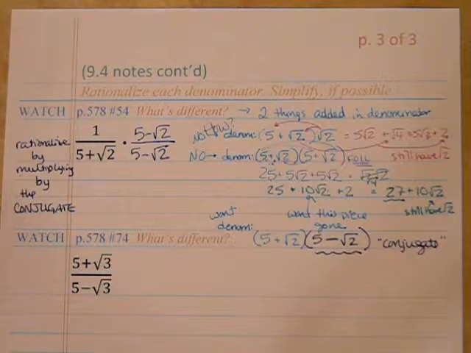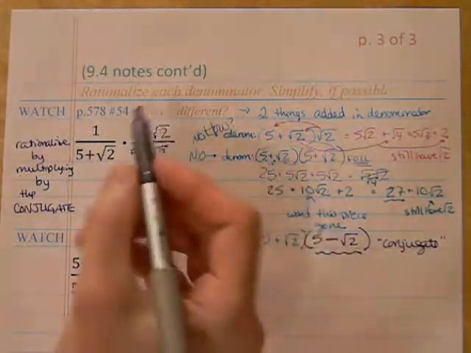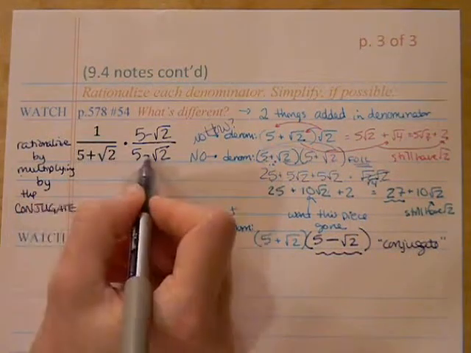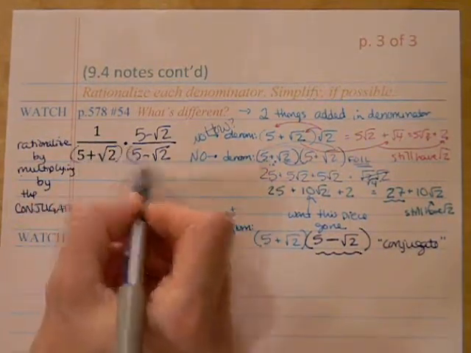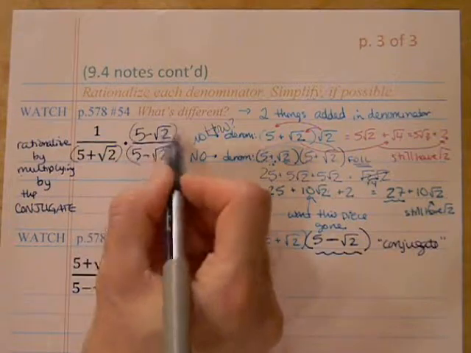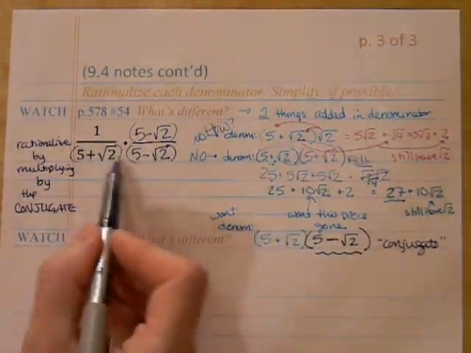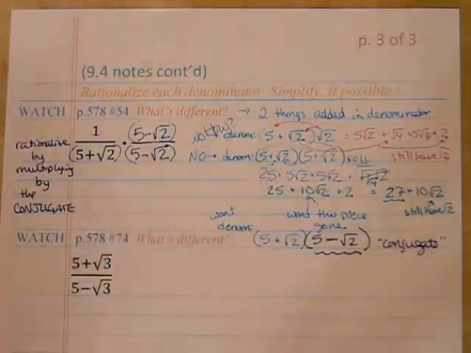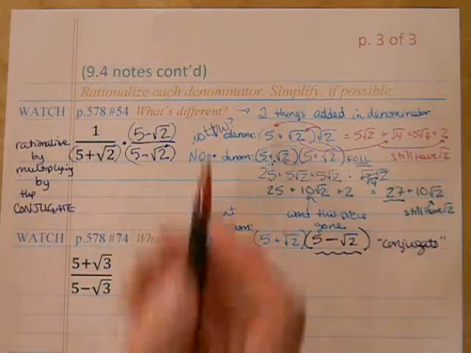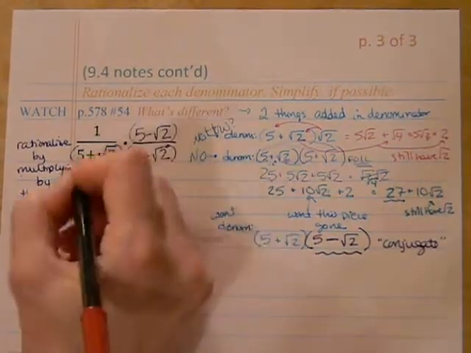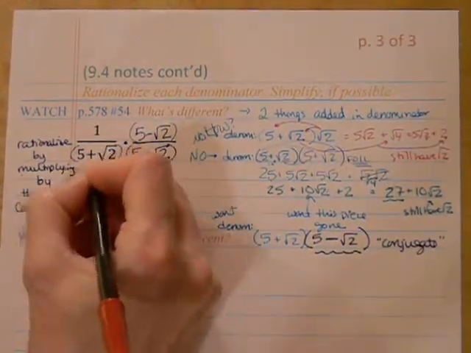So in this case, you're multiplying by 5 minus radical 2, the conjugate. Now remember, when you multiply, you are foiling. When you have 2 pieces times another 2 pieces, you're foiling. So you get this first times first, or 5 times 5.